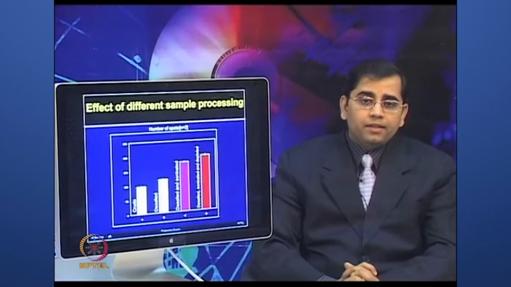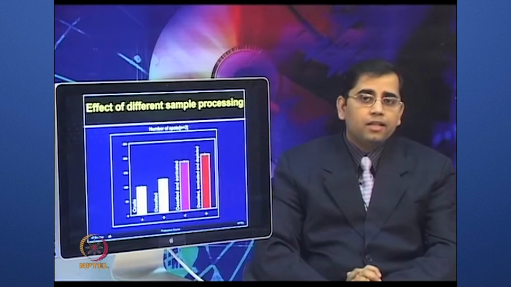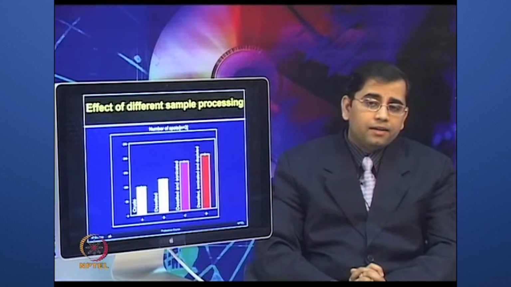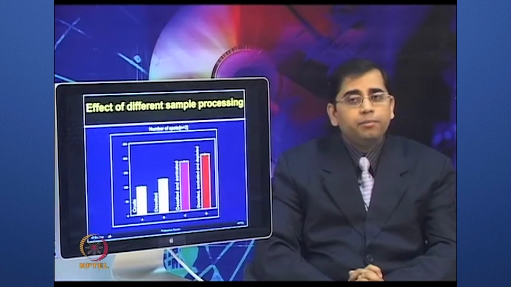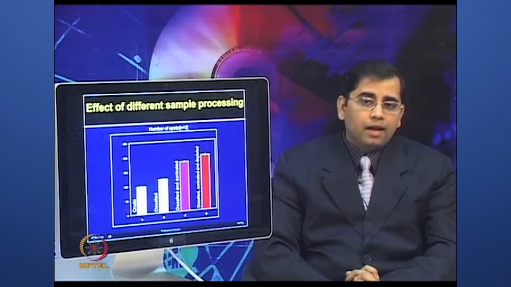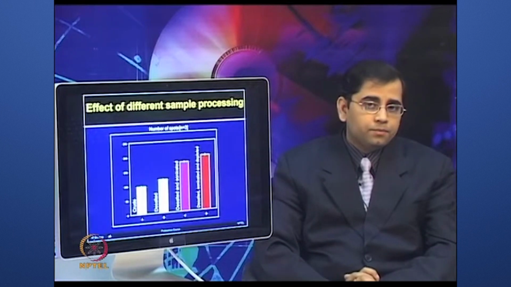So, from the previous study we looked at replicate gels, n is 3 here, and we found that desalted, sonicated and depleted sample gave us the largest number of spots on the gel as compared to crude alone or desalted alone or desalted and sonicated.